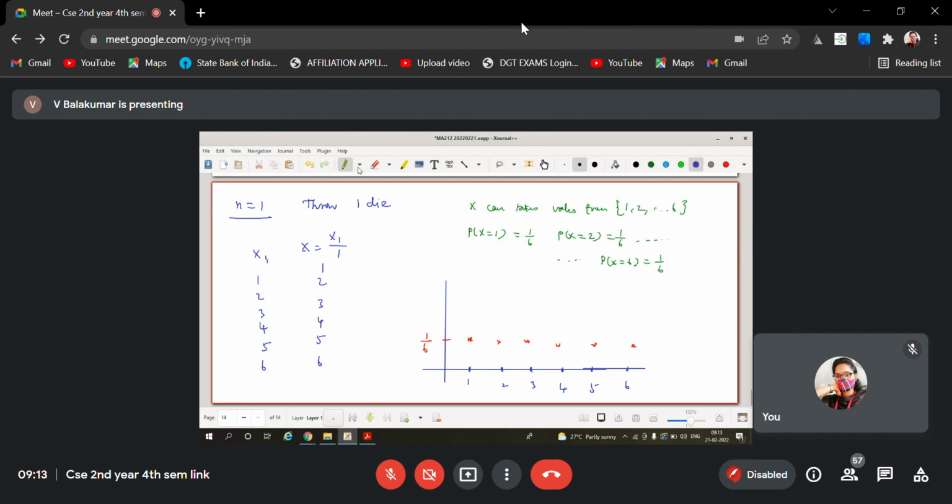Now let us look at the two dice case. N equal to 1 we have done, N equal to 2 we will do. This is different from Bernoulli.